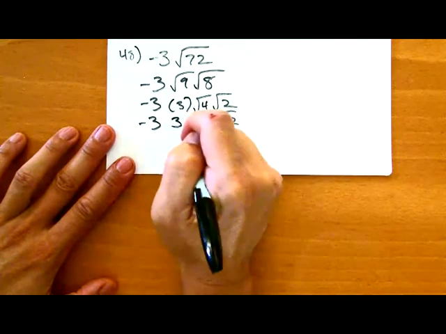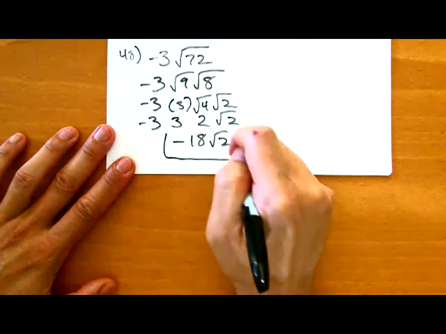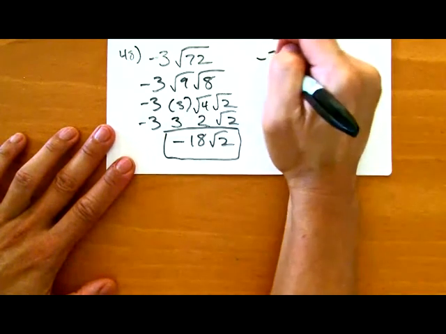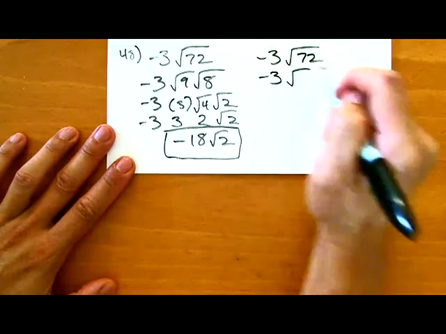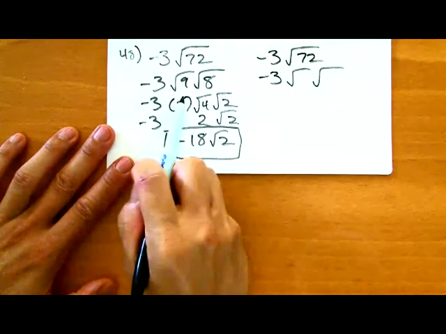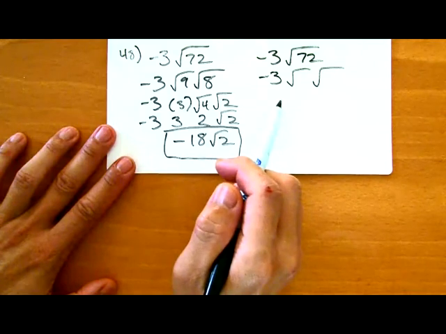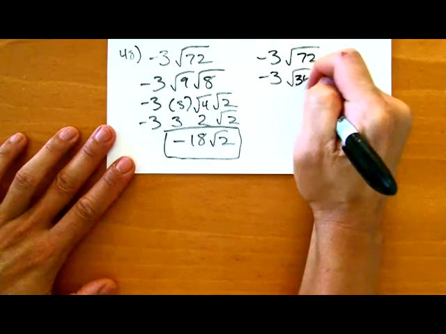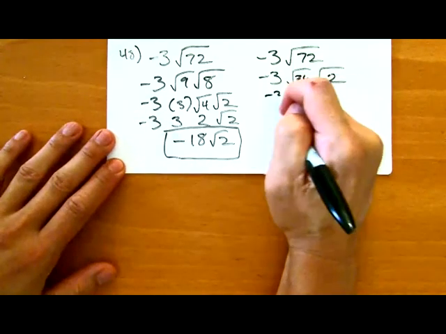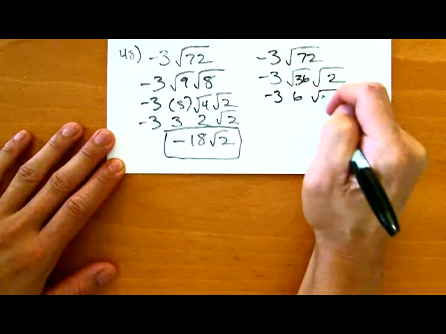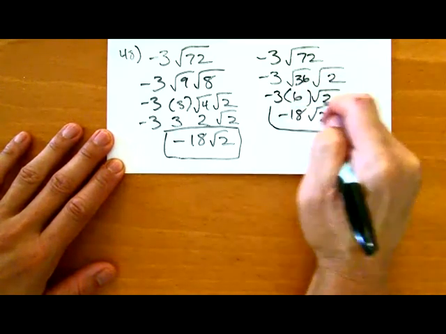Okay, so this would be negative 18 radical 2. There are better choices. Like 4 and 18 would have worked also. I would have gone with 36 and 2. Square root of 36 is 6. Negative 18 radical 2. Yeah, it's just a matter of what you choose.